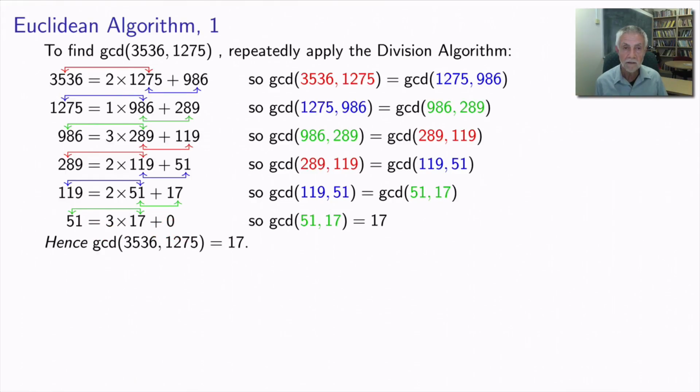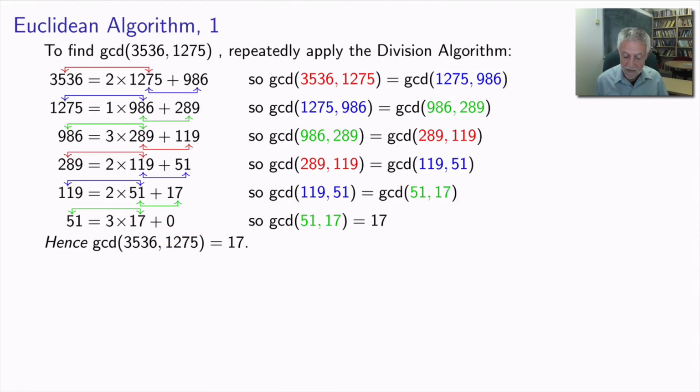Now, we've seen the way that these numbers are decreasing, that in particular this remainder is less than this remainder is less than this remainder, and all the way down. So eventually, since the remainders keep decreasing, we must eventually hit 0.